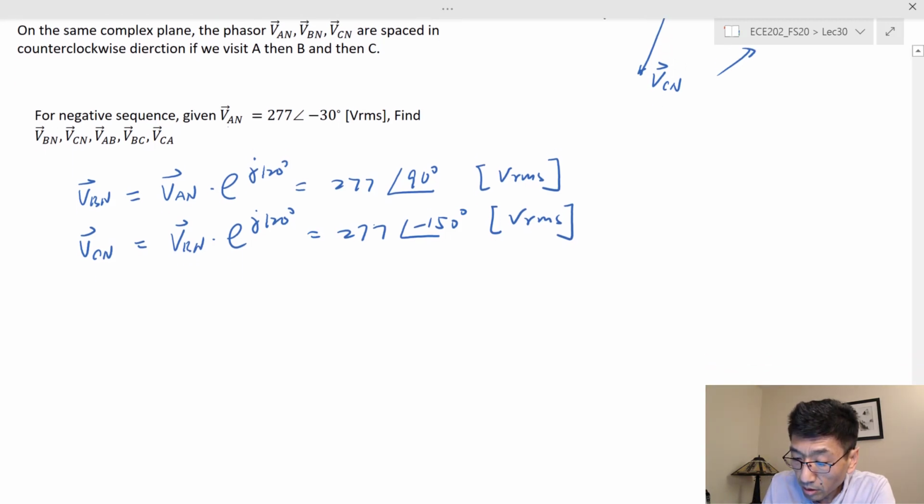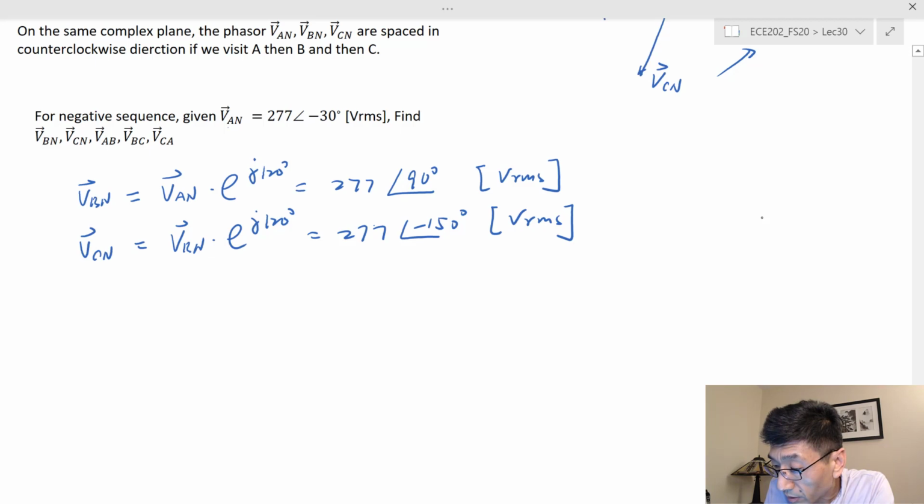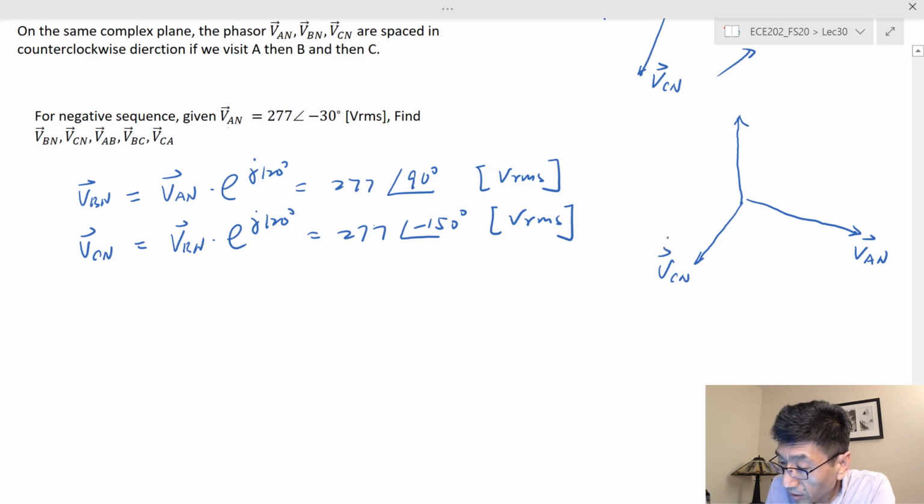So let's draw the phasor diagram and see if we can use that information to assist our calculations. So I have VAN here. So VAN has negative 30 degrees here. So I'm drawing roughly to the scale. And the relative position of VAN, and VCN, I have VBN here, right?